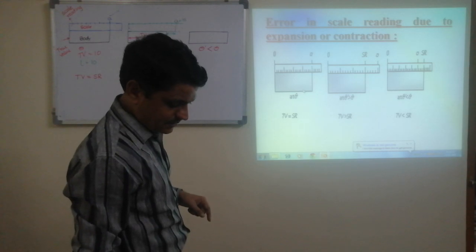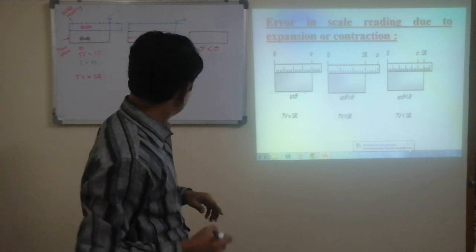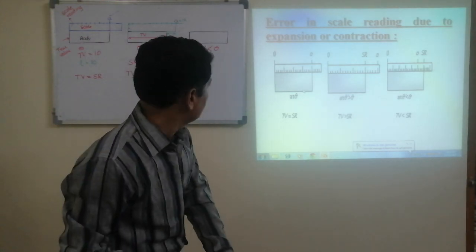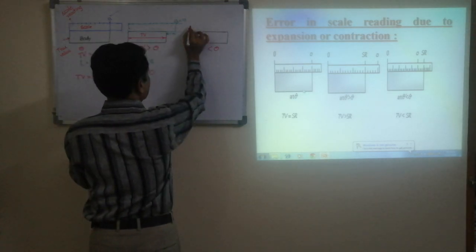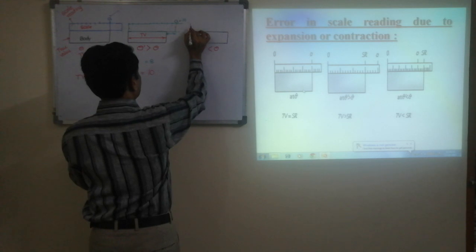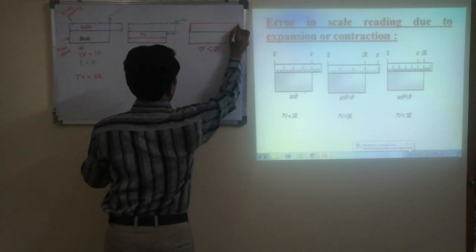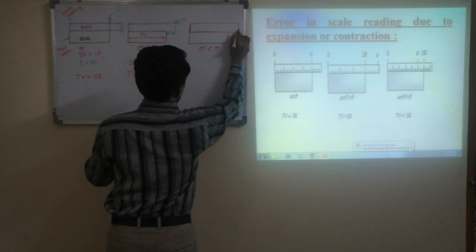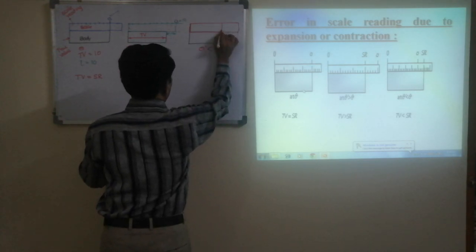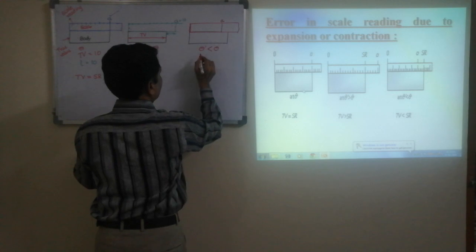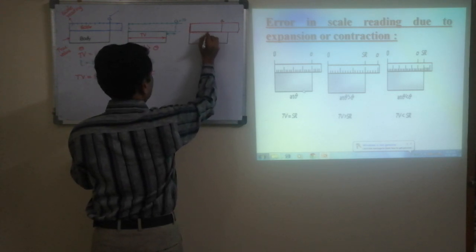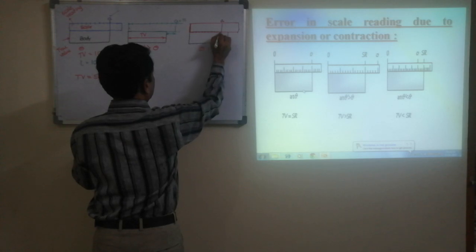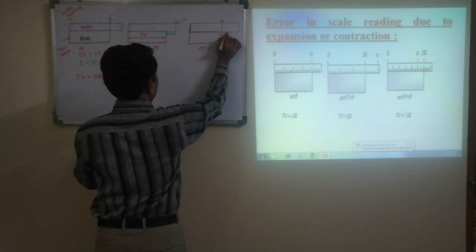Now if I take this case, whenever the temperature is decreased, the length of the scale decreases. Now the position of A becomes here only. It means 0, 1, 2, 3, 4, 5, 6, 7, 8, 9, 10, 11, 12.